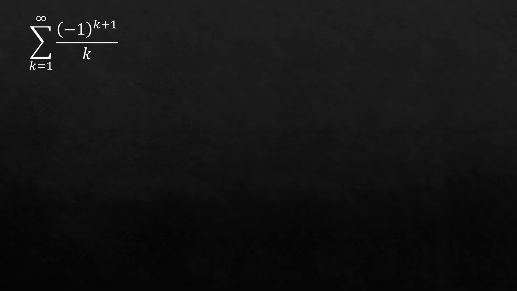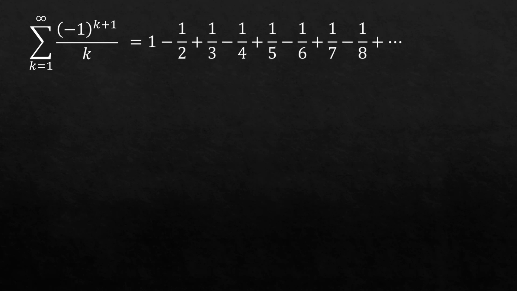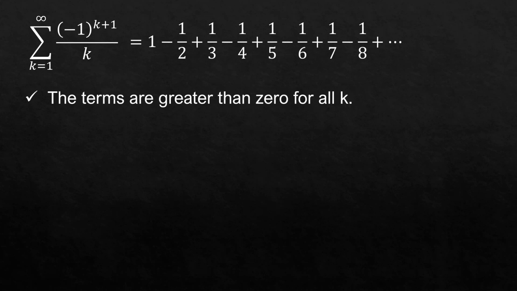All right. Now let's consider the alternating series here, and let's verify using the alternating series test. This is what we call the alternating harmonic series, right? Well, the terms are greater than 0 for all k.